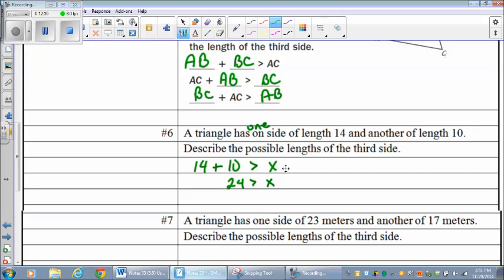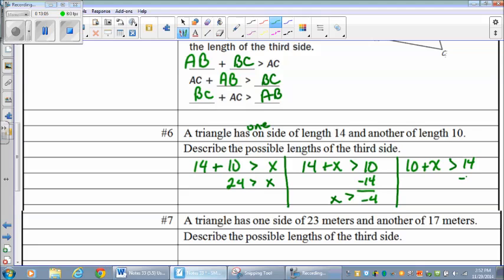If I do another combination, let me draw a line, and do 14 plus x has got to be greater than the other number, which would be 10. To solve this, let's subtract the 14, and then x has got to be greater than, what is that, -4. And then the other combination would be 10 plus x has to be greater than 14.